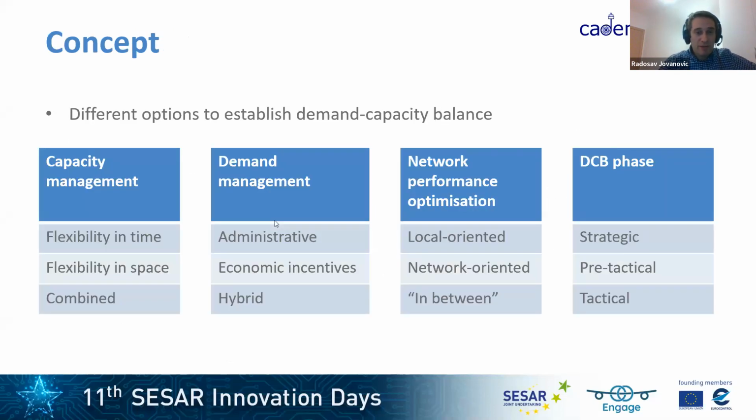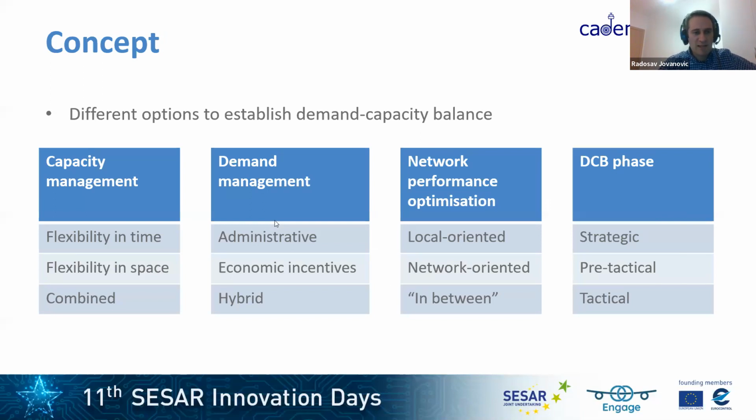Yeah, so I already mentioned that we are working on both capacity side and on demand side. And to do so, there are a number of options. So on the capacity management side, we have this flexibility in time in terms of, for instance, shifts that air traffic controllers are taking.